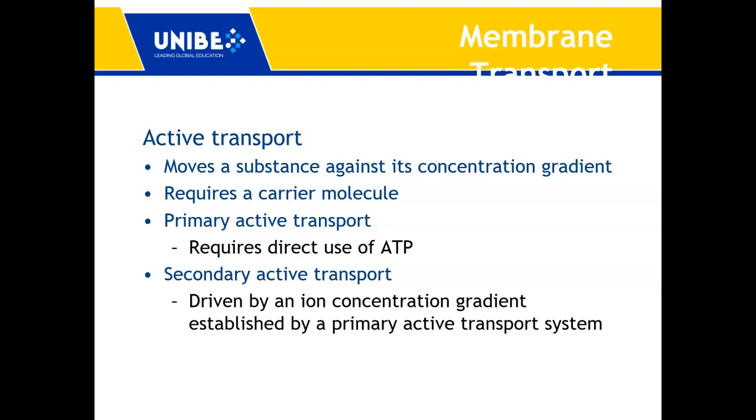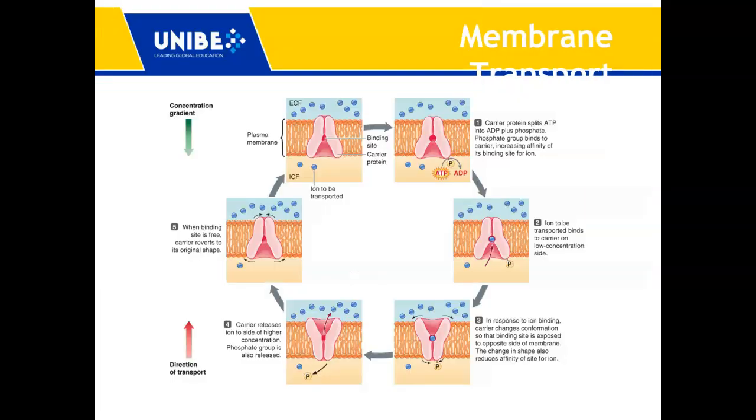If the energy I spend is directly on that specific channel, that's called primary active transport. Now, if I'm moving something from less to more, and I'm using the energy that has been spent by the primary active transport, that's called secondary active transport.